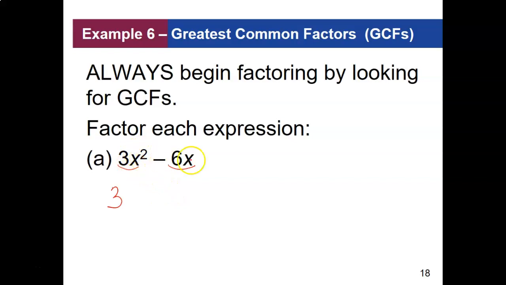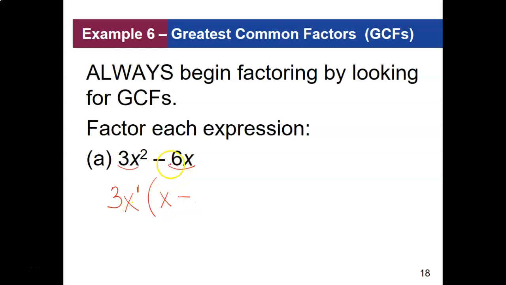And then when we look at the x squared and the x, we actually want to take the variable to its smallest power because that's what's common to both. So we'll have an x to the first. And then when we take this out, we want to divide it out and take it out. So I took the 3 out and I took one of the x's, so I'm going to be left with 1x.